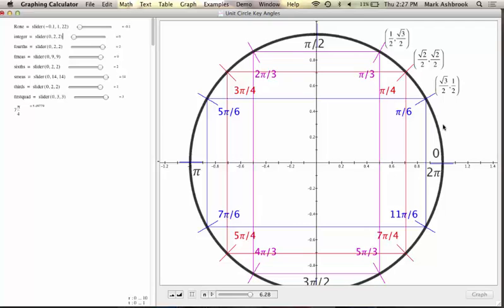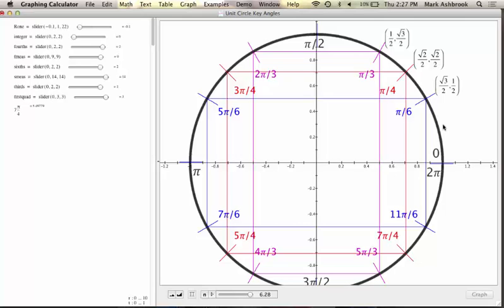Right? Okay. What about the cosine of 5 pi over 6? Negative square root of 3 over 2, because it's going to be the same amount away from the vertical diameter, but just left. So negative radical 3 over 2.